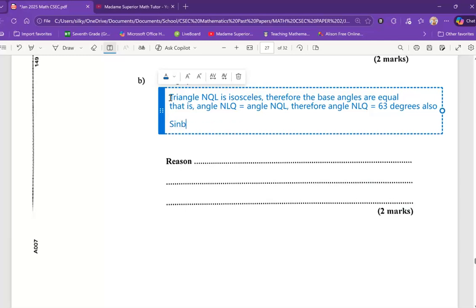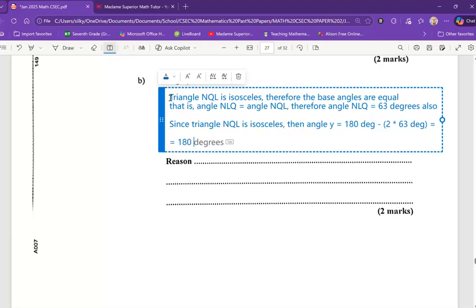And since triangle NQL is isosceles, then angle Y equals 180 degrees minus 2 times 63 degrees. Using my calculator, 2 times 63 is 126.